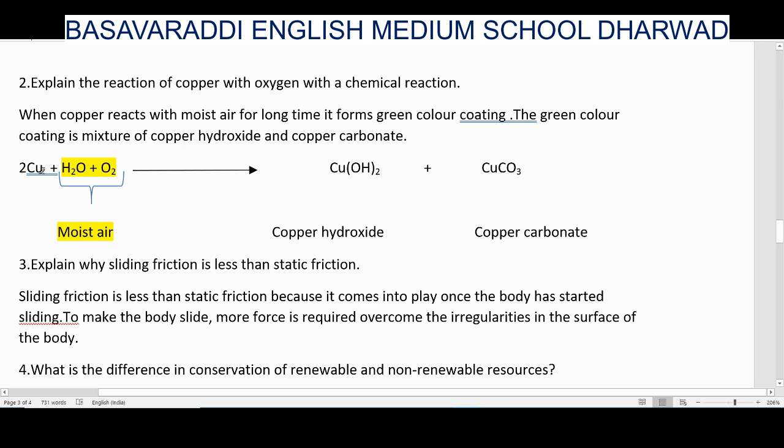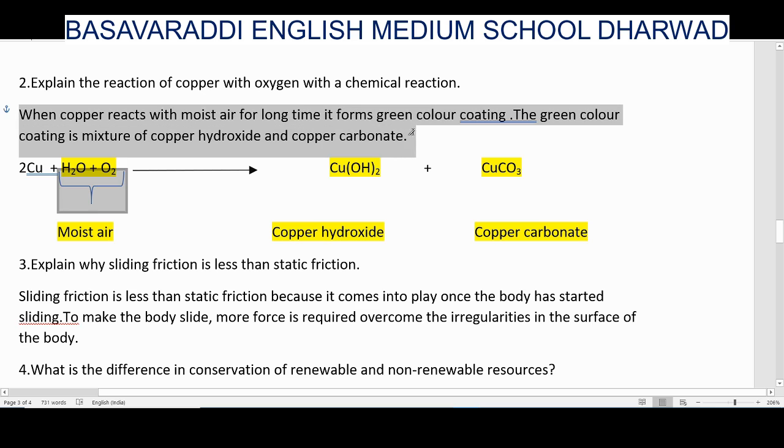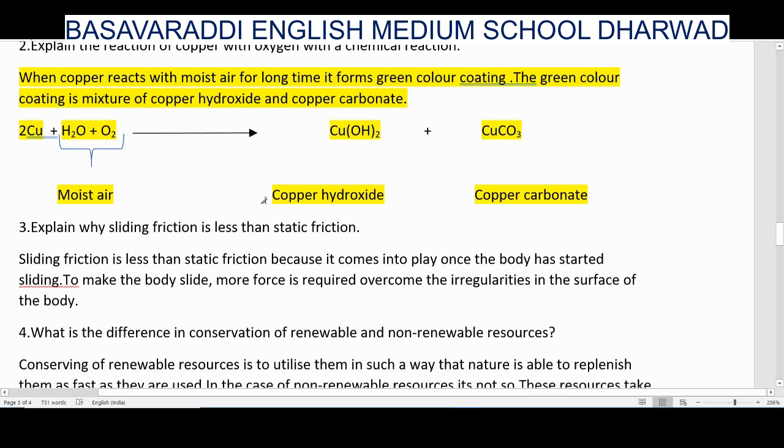You have two copper atoms, then you have water molecule and oxygen. When it reacts there, you have copper hydroxide, and the copper carbonate is also formed there. So when oxygen reacts with copper, it is going to form copper hydroxide and copper carbonate.